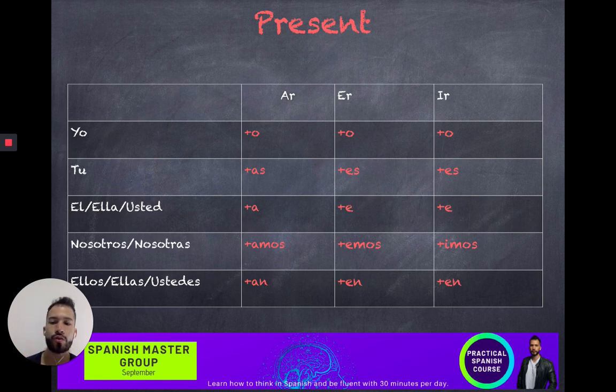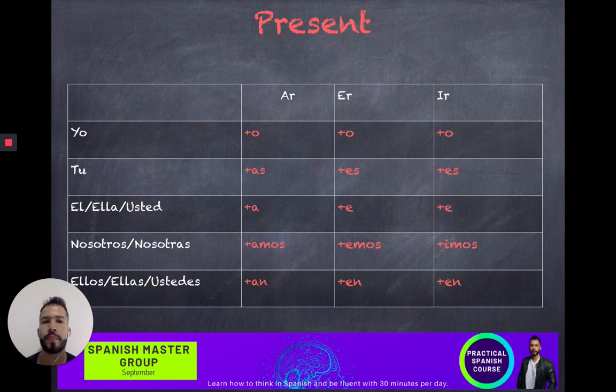Then nosotros or nosotras, we, masculine or feminine. Then ellos, ellas, they, masculine or feminine. Ustedes, you all, you use what is in front.